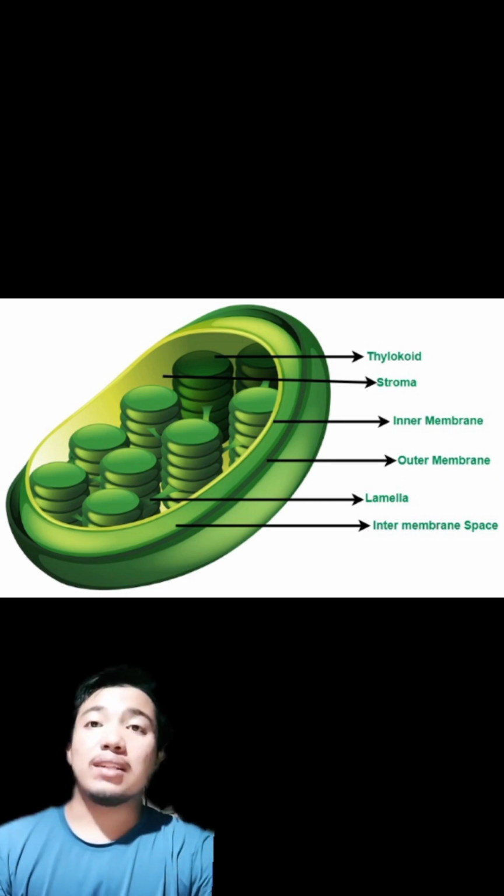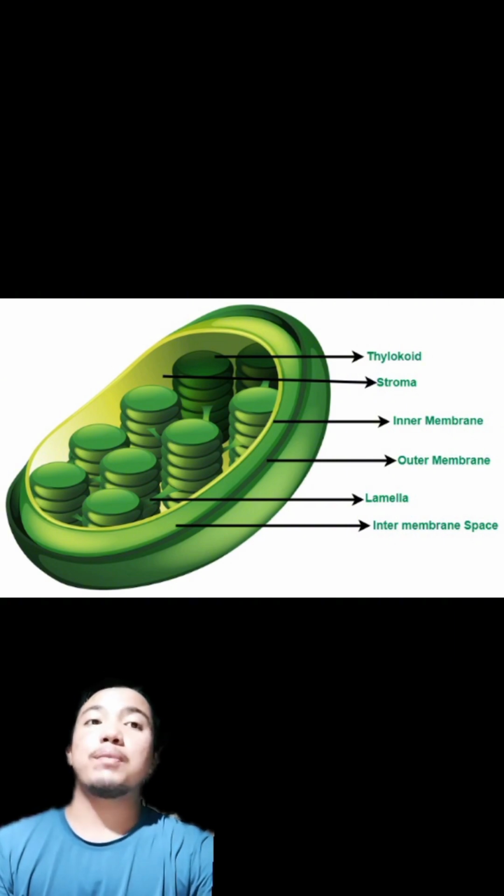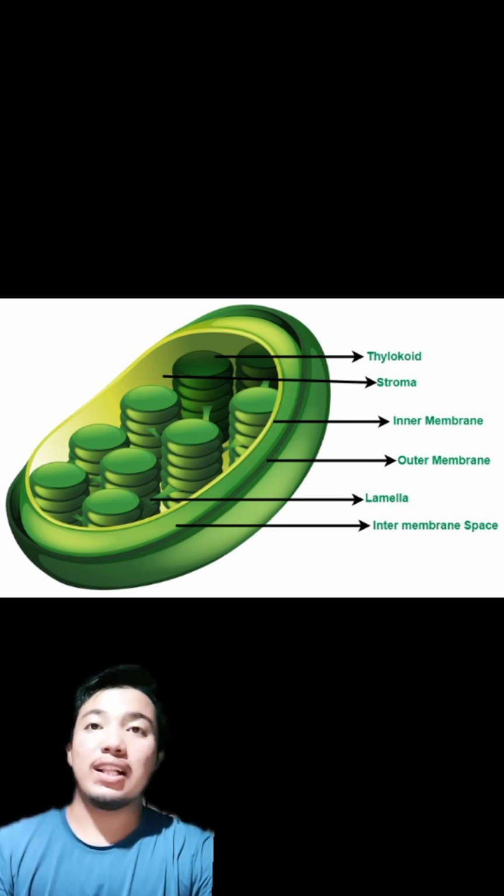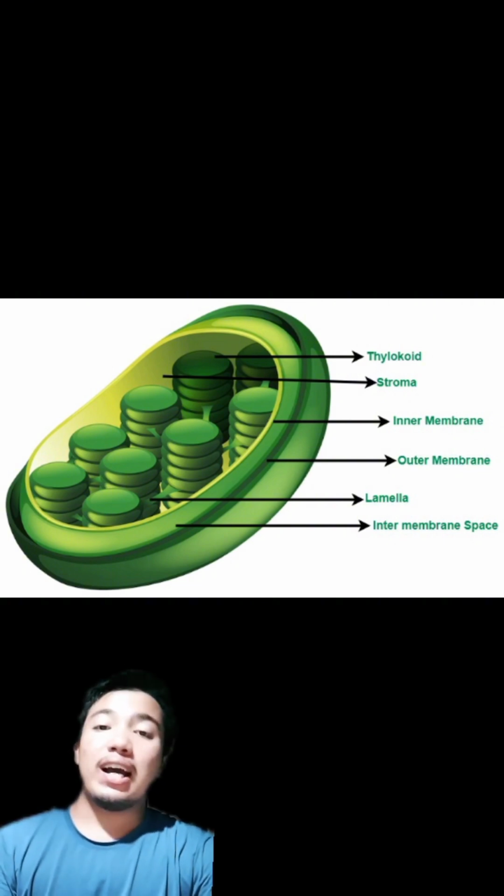Now, stroma. Stroma helps support organs and acts as a connective tissue for particular organs. Now, the inner membrane is the secondary covering of the organelle. It serves as protection for the organelle. Now, the outer membrane is the primary covering of the organelle.